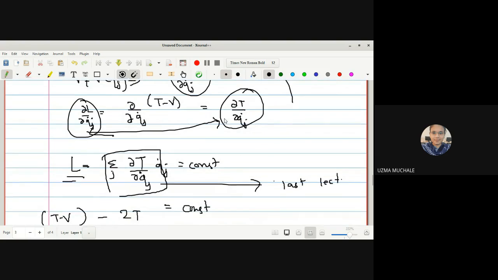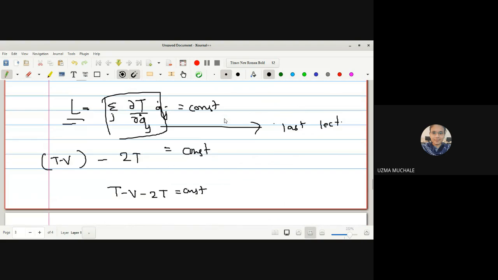Write L's equation: L is T minus V, and the summation over j of ∂T/∂qj dot into qj dot. From the last lecture you can see this is nothing but your 2T. In the last lecture we have seen that the kinetic energy is a homogeneous quadratic function of the generalized velocities. At that time we took the help of Euler's formula, whose proof is not in your syllabus.